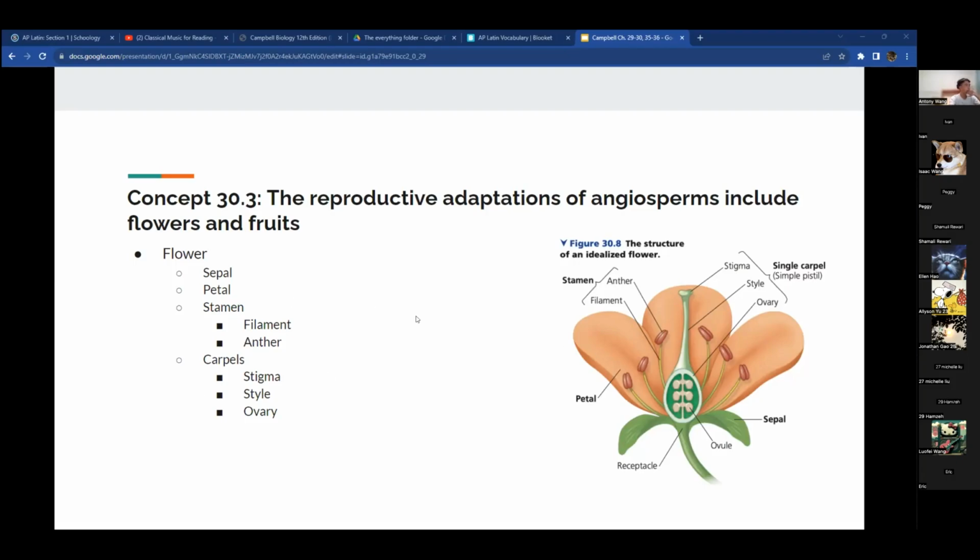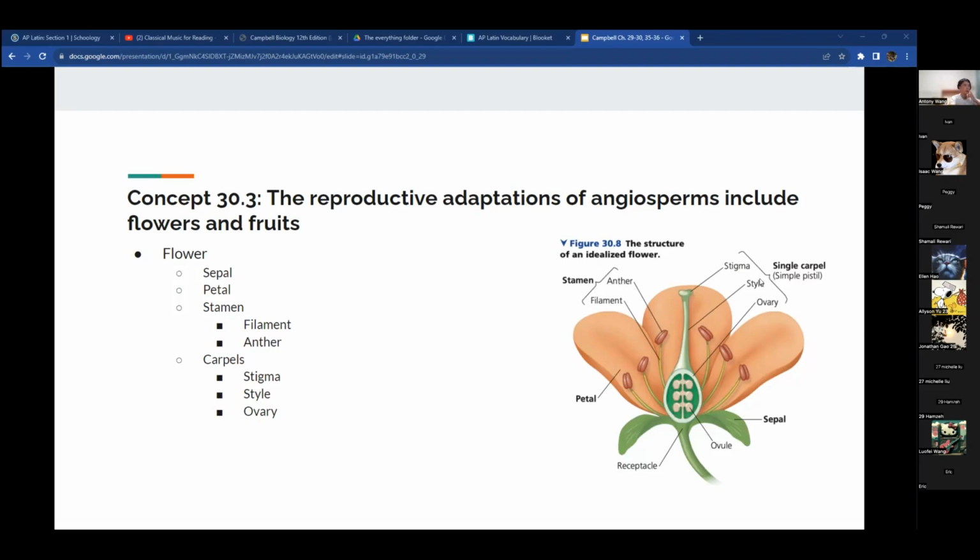Yeah, and then the female reproductive structure is called a carpel. A carpel consists of three parts. There's a stigma, which is sticky and catches pollen, and pollen will germinate from there into the ovary.